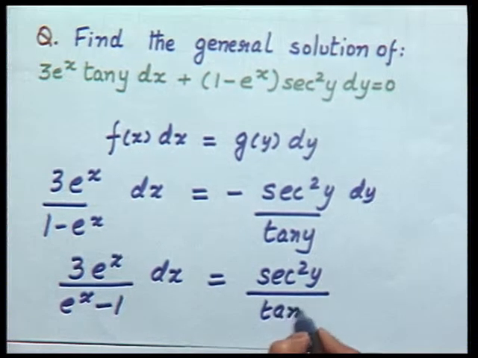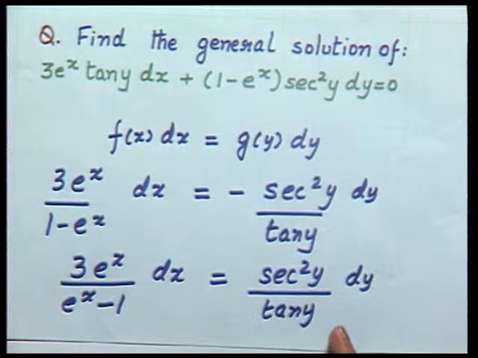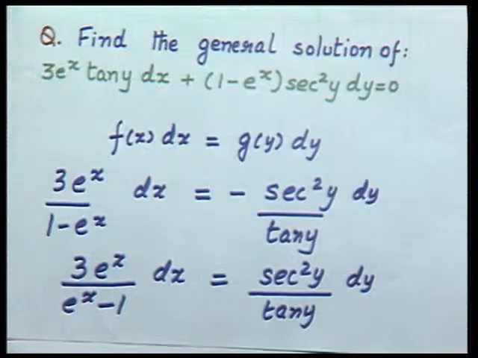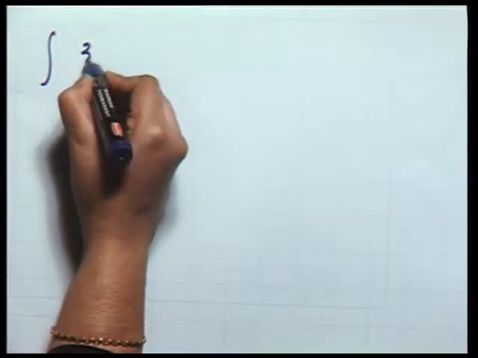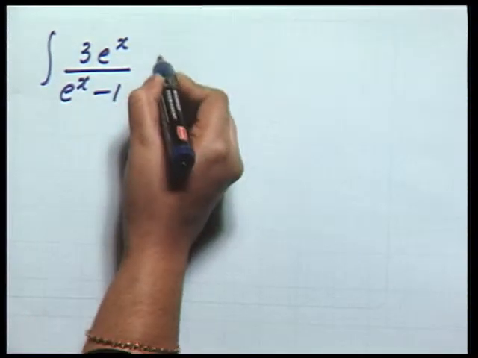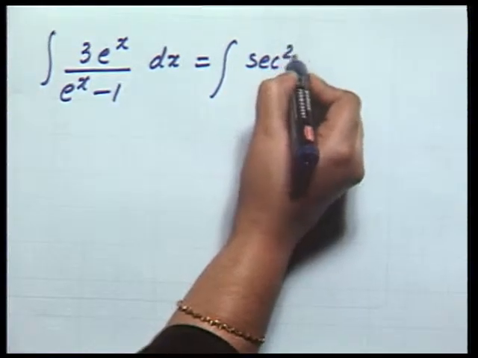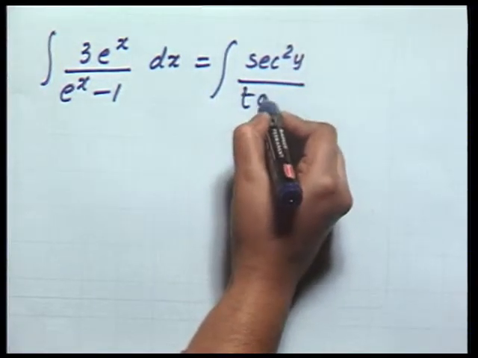And now we are ready to solve our equation by integrating the left hand side with respect to x, the right hand side with respect to y. That will give you the integral of 3 e to the power x by (e to the power x minus 1) with respect to x equal to the integral of sec square y by tan y dy.